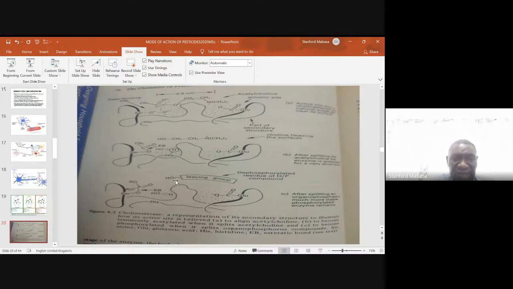And of course, part of the organophosphate is released. But now that this is a permanent feature, the message will keep on being fired, and that will kill the insect. So this is another version of looking at it.